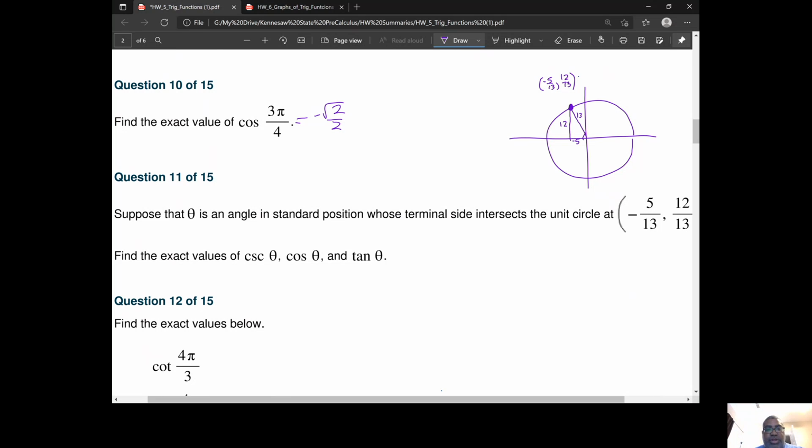All right, so they want to know what is the cosecant of theta. That is, if I take the sine of theta and flip it, sine is 12 over 13, so cosecant is 13 over 12. Cosine of theta is negative 5 over 13. And tangent of theta is opposite over adjacent, which is 12 over negative 5, which is negative 12 over 5.